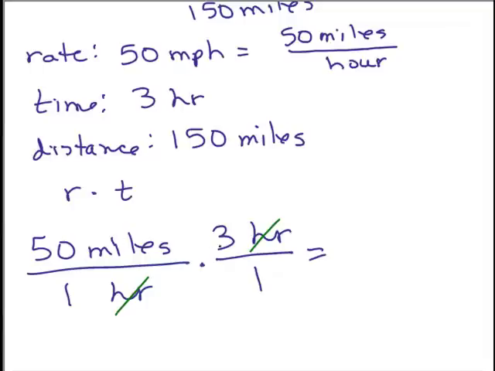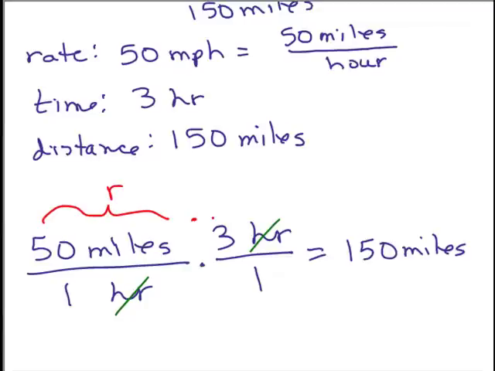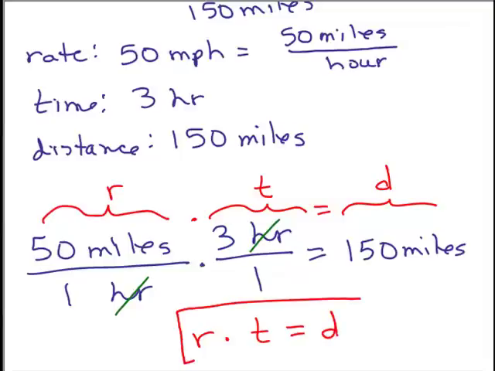And I end up with 50 times 3, which is 150 miles in the numerator. There's only 1 in the denominator, so I can just write my answer as 150 miles. So what I see is that my rate times my time actually will give me my distance. And that is the formula: rate times time will equal distance.